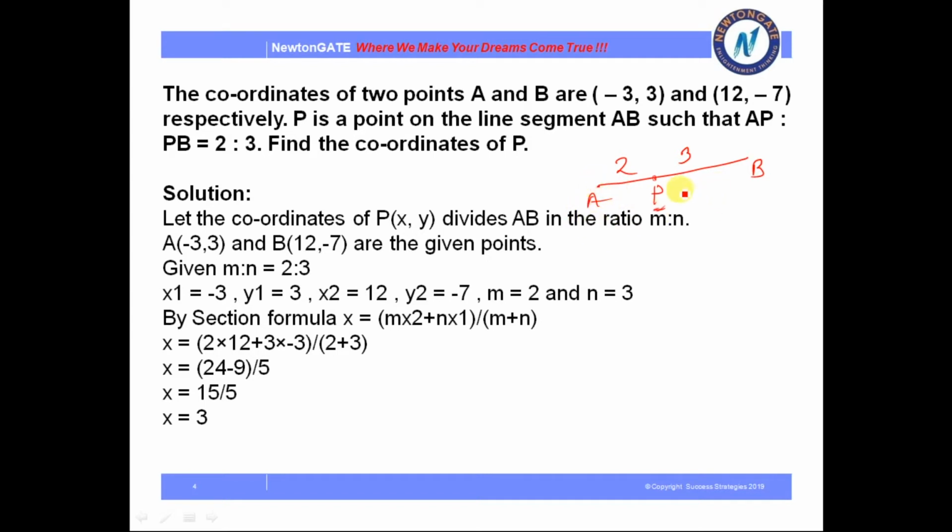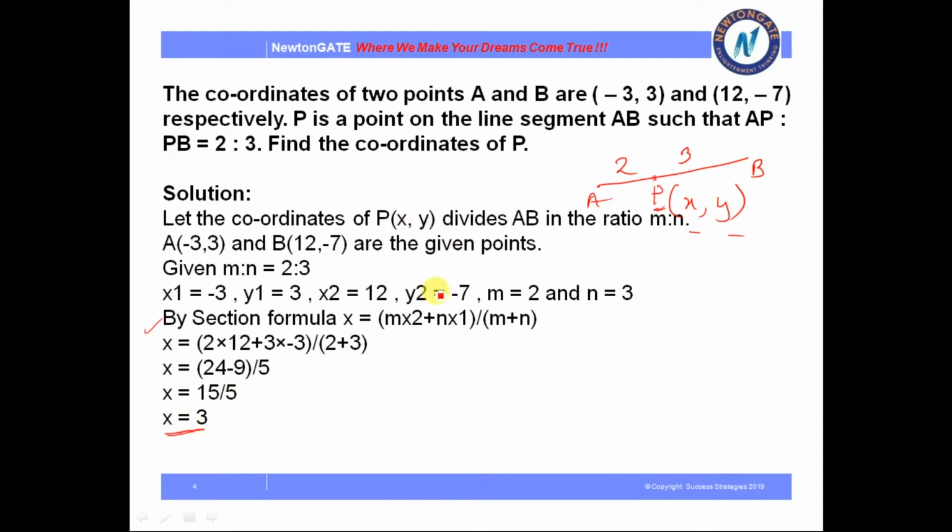Now, what will we do to find the value of P? Let's take P as (X, Y), and using the previous formula, we will find the value of X and the value of Y. So, by using section formula, X is equal to M into X2 plus N into X1 by M plus N. So, we find the value of X as 3.